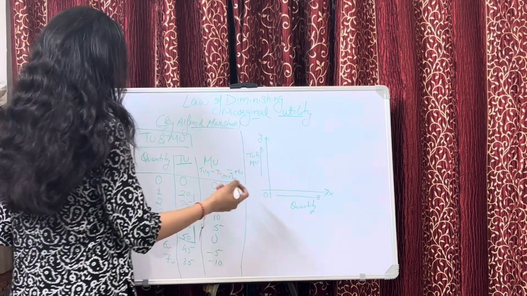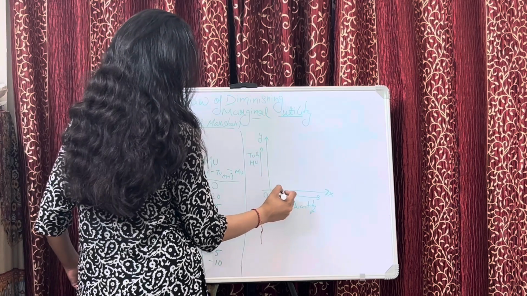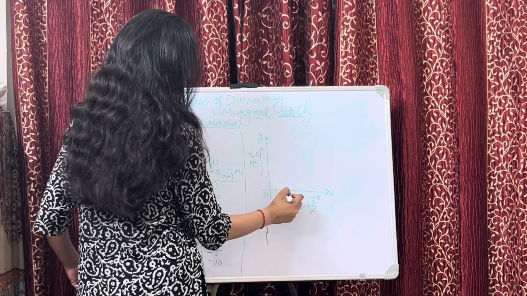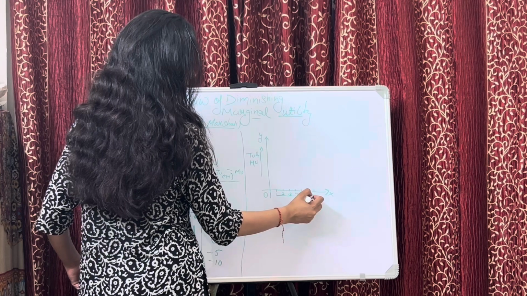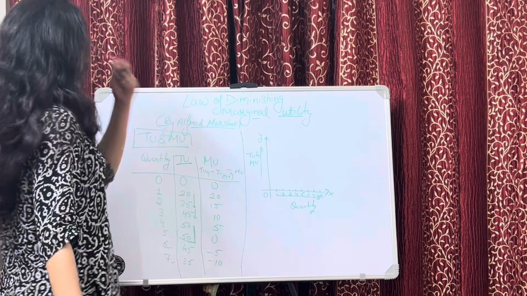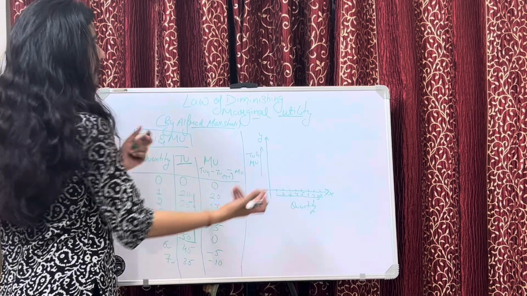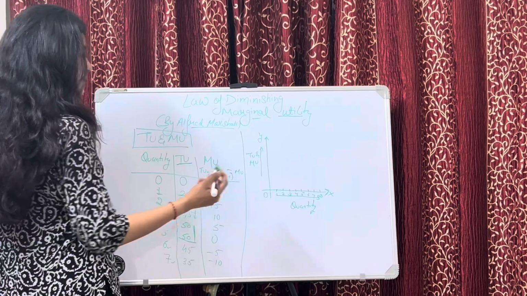Now we'll take here 1, 2, 3, 4, 5, 6, 7, 8, okay. We have only 7 units, so I am taking 8. You can take up to 10 also, it's up to you.